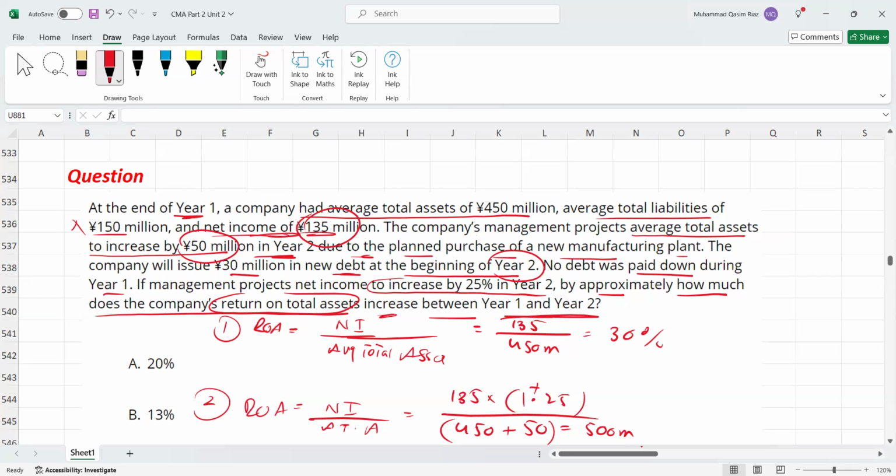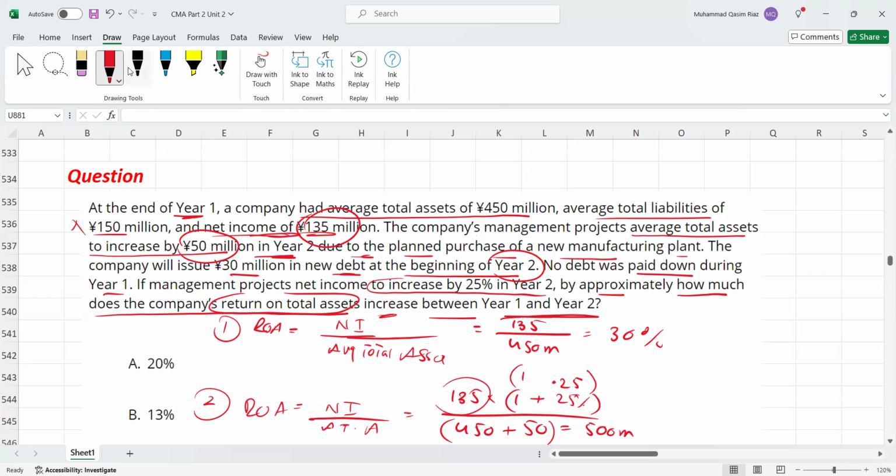So if I remove the percentage, actually this is a complete mathematical equation, okay guys? So write the amount 135 million times 1 plus 25%. This is what it means. If I remove the percentage, 25% becomes 0.25, and 1 plus 0.25 becomes 1.25, right?